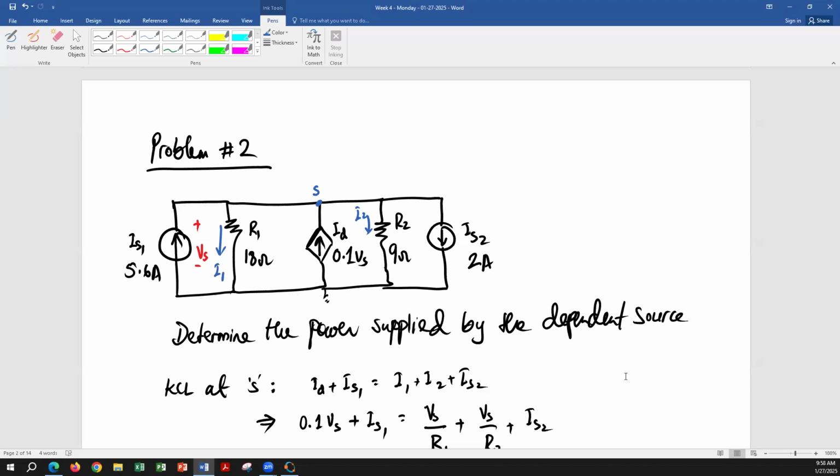No. You're saying current going towards the node and leaving the node. What is the relationship between those two currents? What is the relationship between the currents going towards the node and leaving the node according to KCL? Currents that are going towards the node equal current going away from the node.